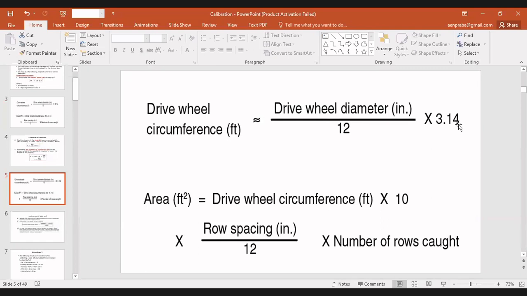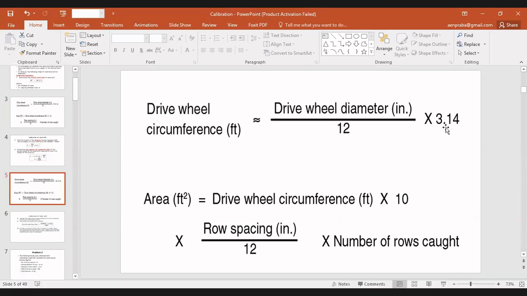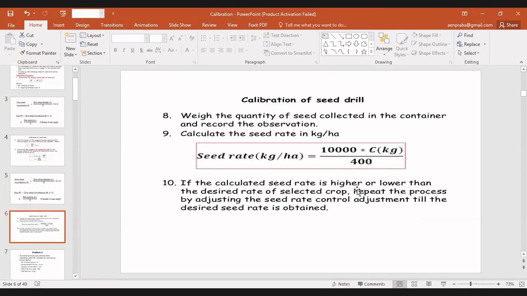Up to 3.14. What is the 3.14? Pi. Pi is 22 upon 7. Right? You will put 22 upon 7 or otherwise 3.14. Common name.